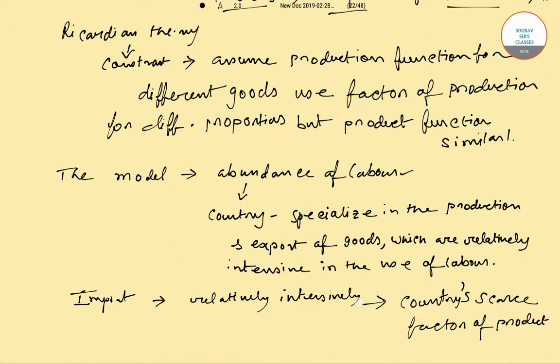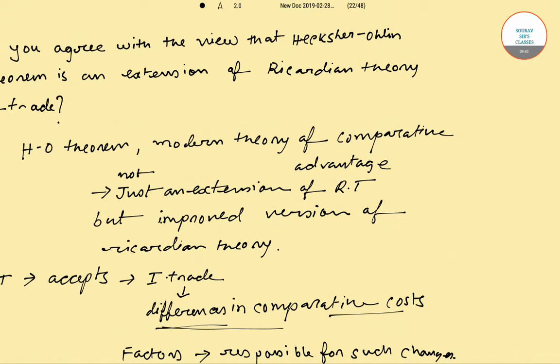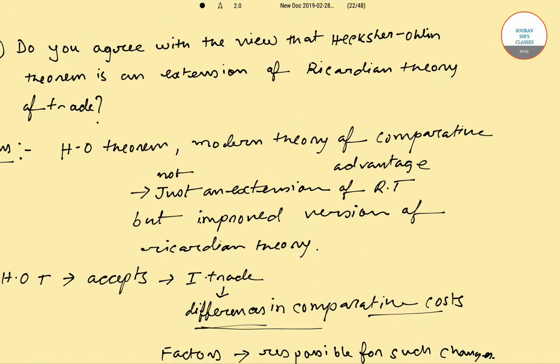Now we'll get back to the question. It said, do you agree with the view that Heckscher-Ohlin model is an extension of Ricardian theory? So the answer is, it is not just an extension but an improvement of Ricardian theory. It explains why differences in comparative advantage arise in the first place, which determine international trade.